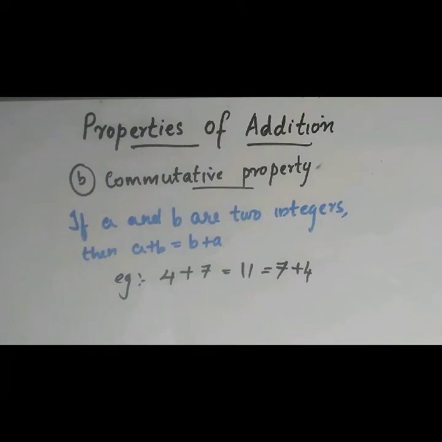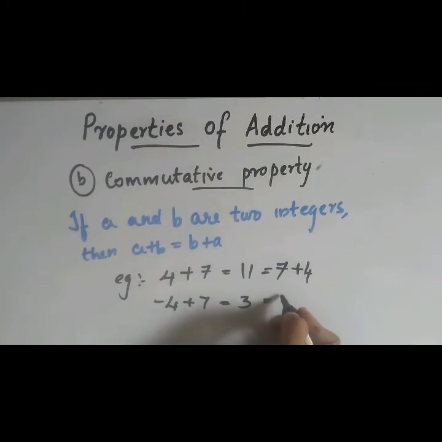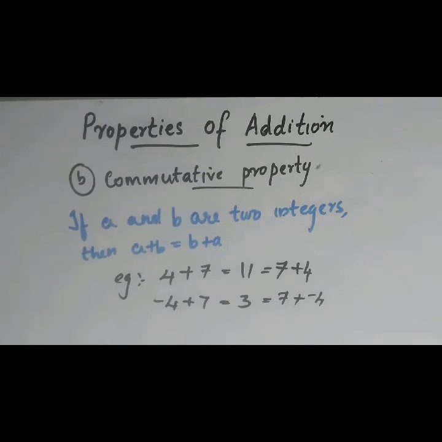Whatever we do, if we just swap them, the result is the same. If we consider minus 4 plus 7, the answer is 3. If you swap it, 7 plus minus 4, the answer is 3. So we prove the commutative property: if a and b are two integers, then a plus b is equal to b plus a.